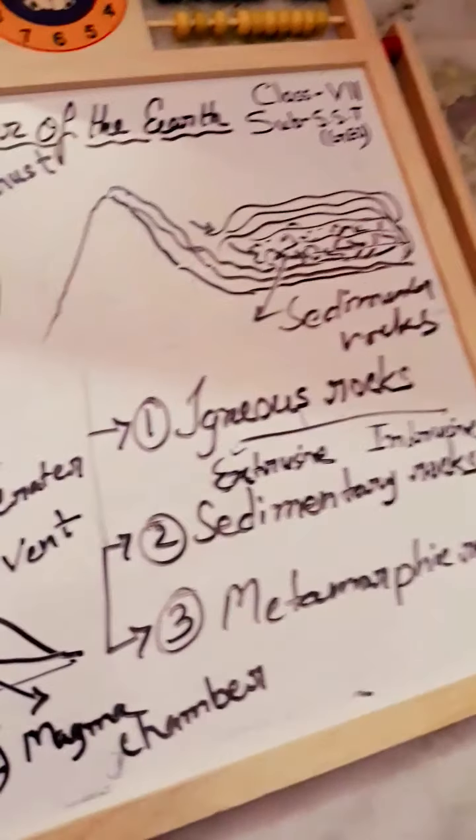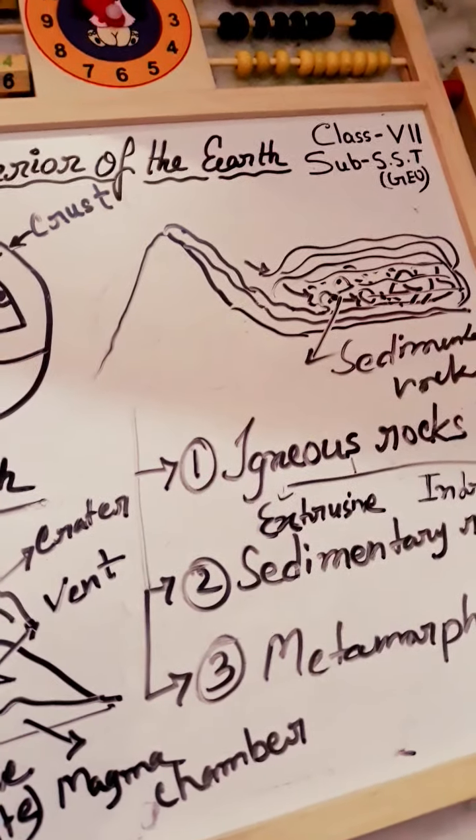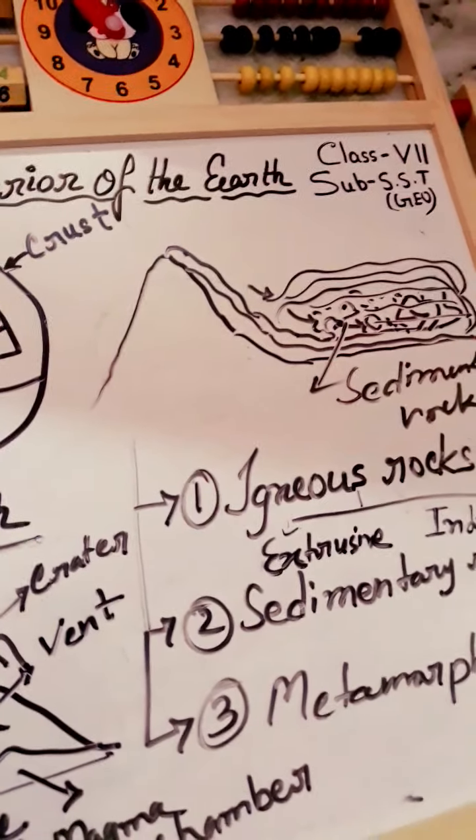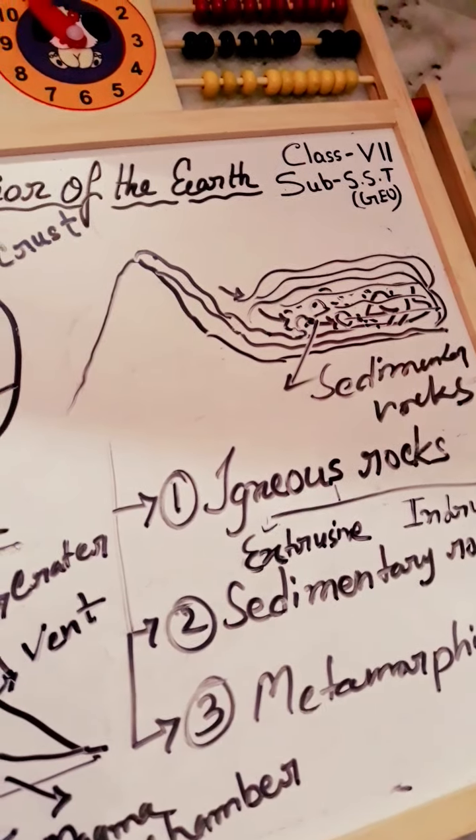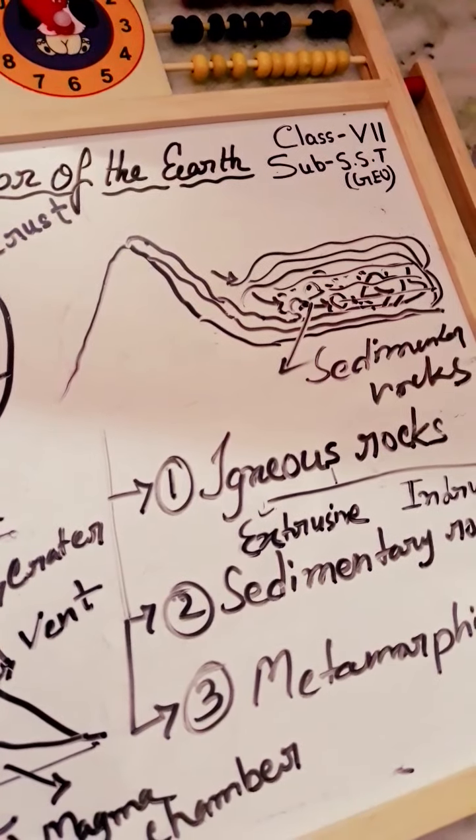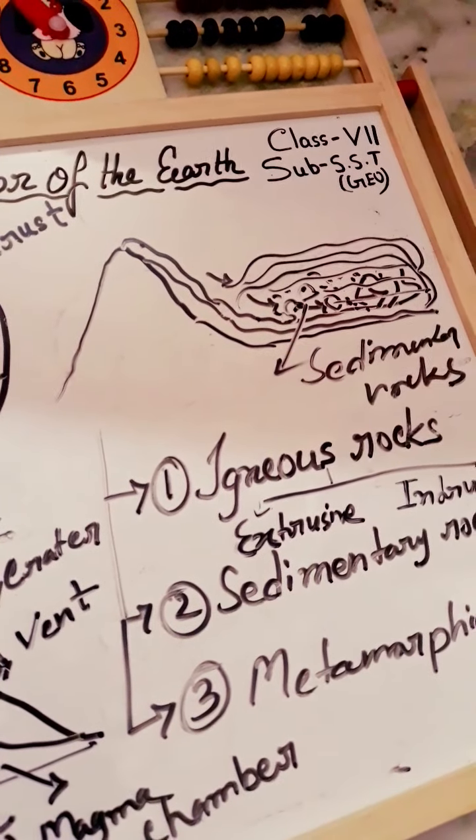Understand? So what are the main examples of the sedimentary rocks? We can say shale, sandstone, conglomerate. These are the main examples of sedimentary rocks.